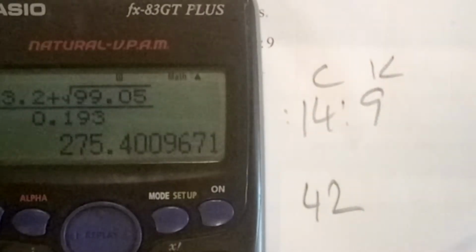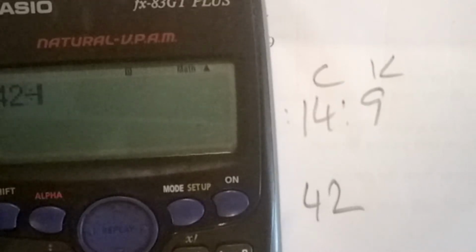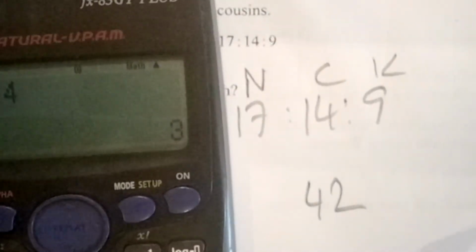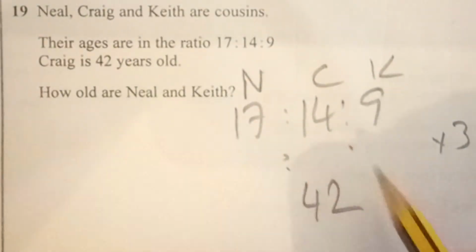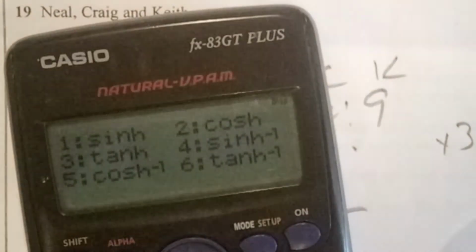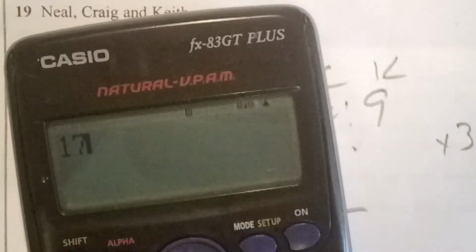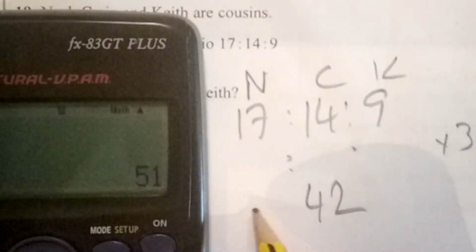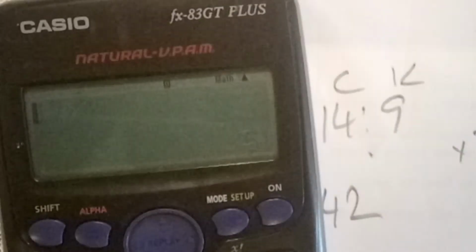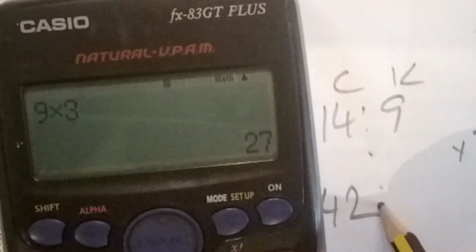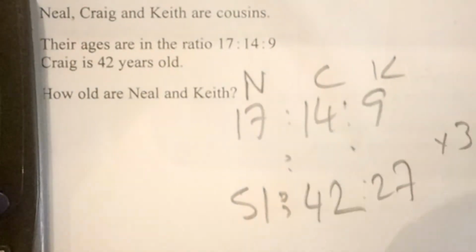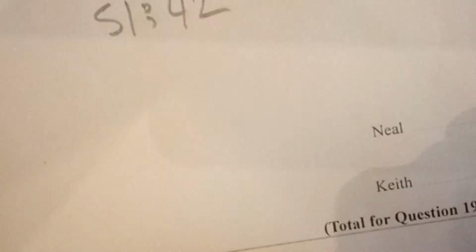I'm just going to do 42 divided by 14, which is 3, which means we times it by 3. So we have to times them all by 3. 17 times 3 is 51. 9 times 3 is 27. So Neil is 51 and Keith is 27.